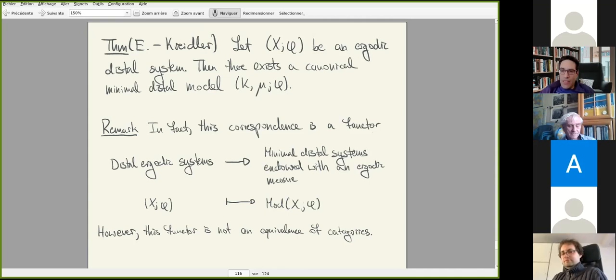In my work with Lian, we gave another condition, which is too complicated to state, but I would like to ask you if this new work sheds light on the if and only if question in the context of the uniquely ergodic distal minimal model.